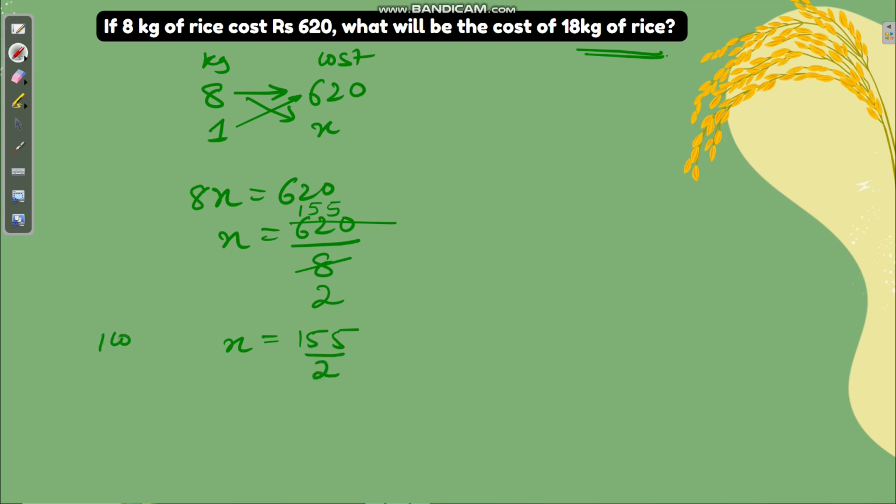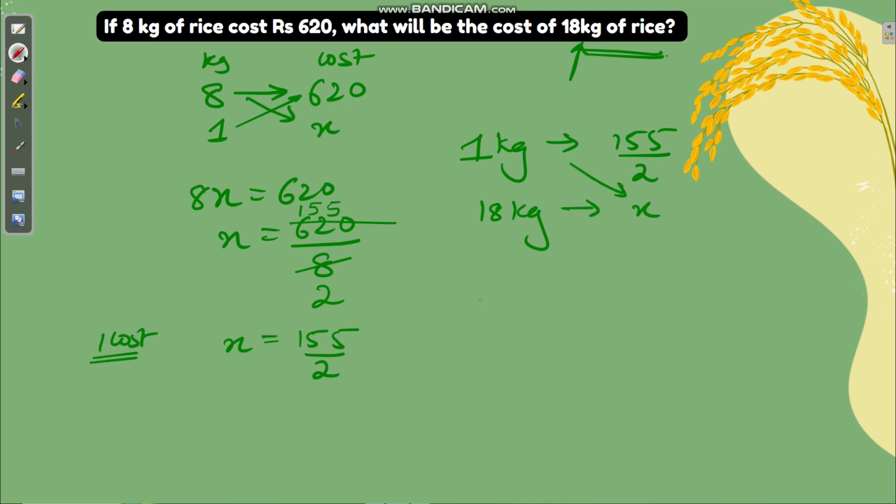Okay, so this is the cost of 1 kg. Now we need to find the cost of 18 kg. So just multiply. So for 1 kg the cost is 155 upon 2. We don't have to divide this over here, because later we can easily cancel it out. We need to find for 18 kg. So we don't know right now what is 18 kg.